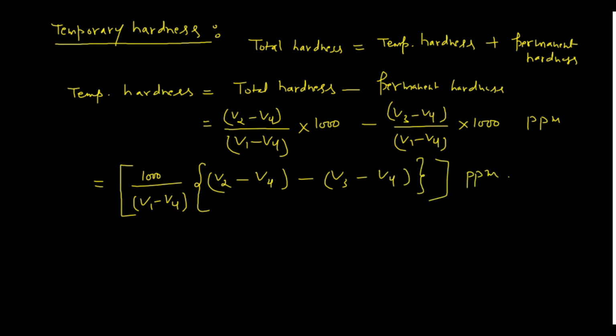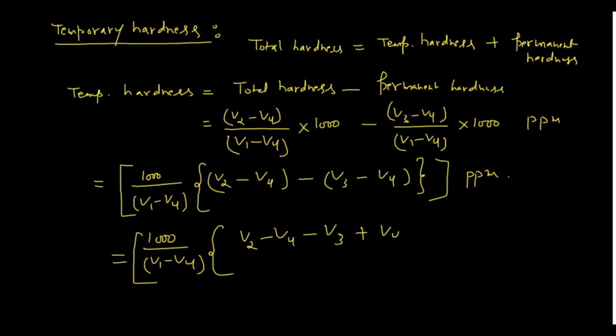So your temporary hardness would be 1000 divided by V1 minus V4, times V2 minus V4 minus V3 plus V4. The sign changes when we open the bracket.